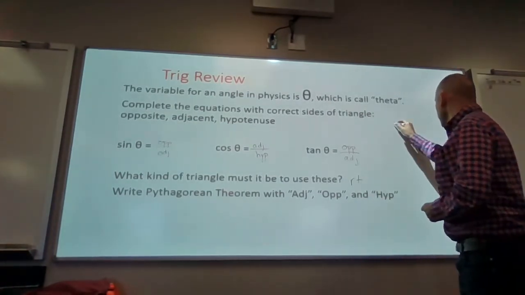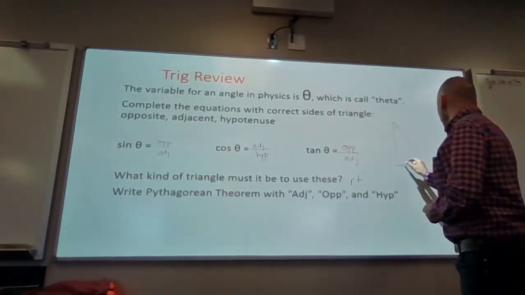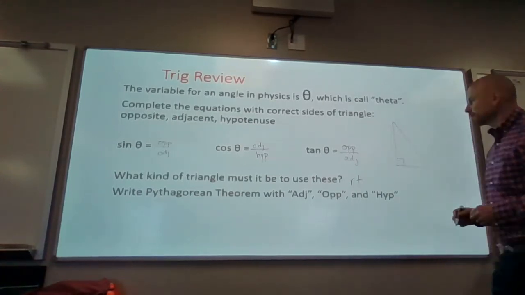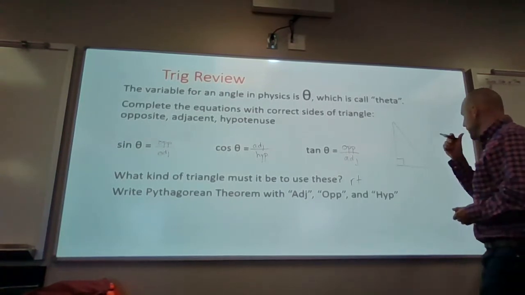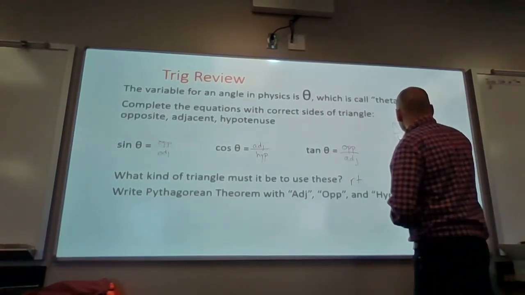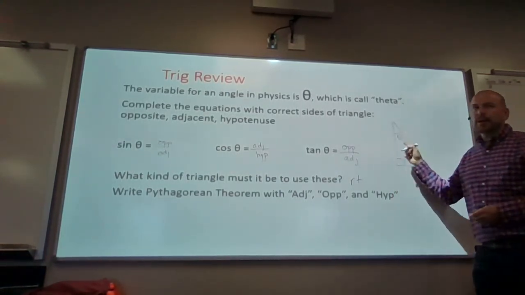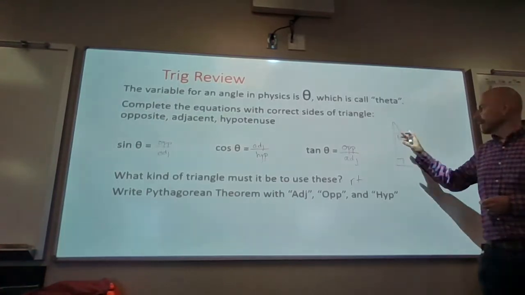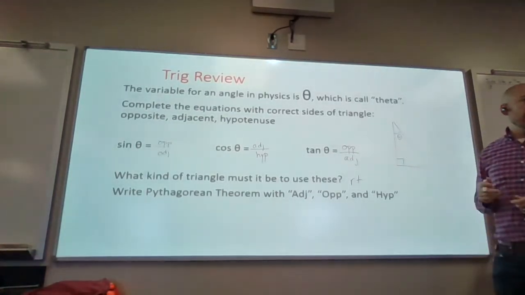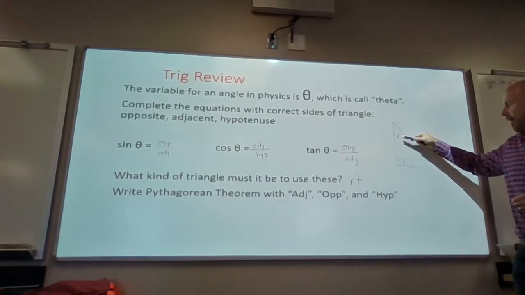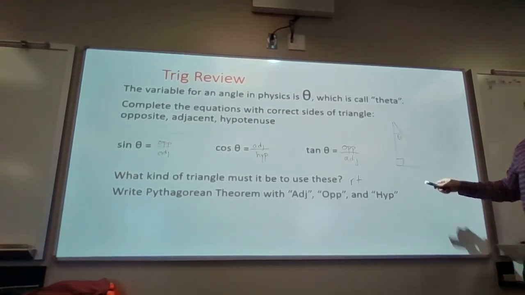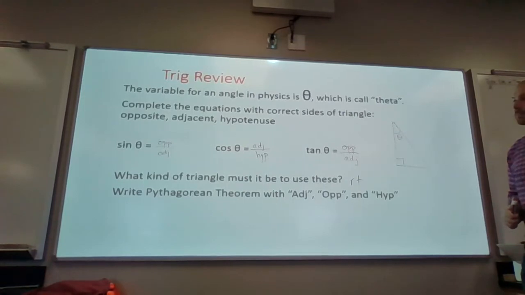Okay. Now, these labels come from describing these sides relative to whatever angle we're looking at. So when we say opposite, we mean the side that is opposite of this angle.